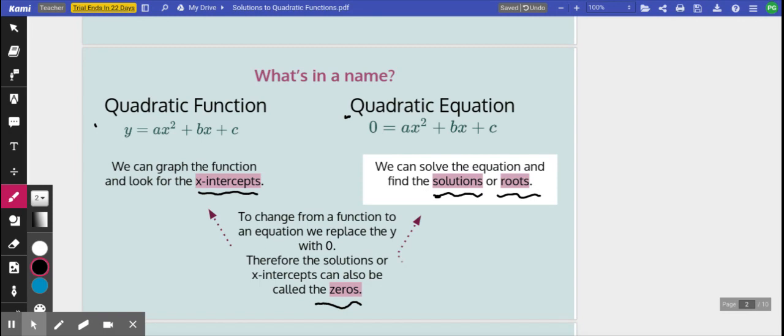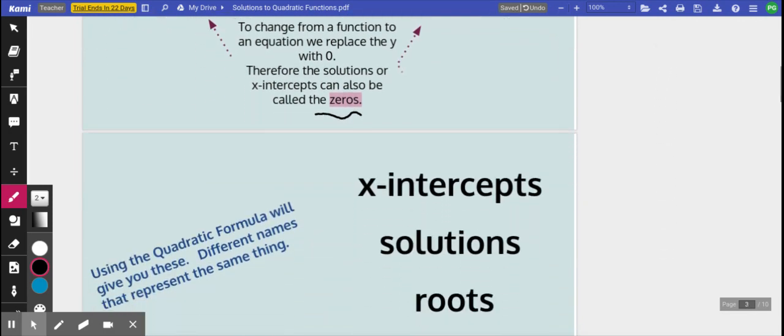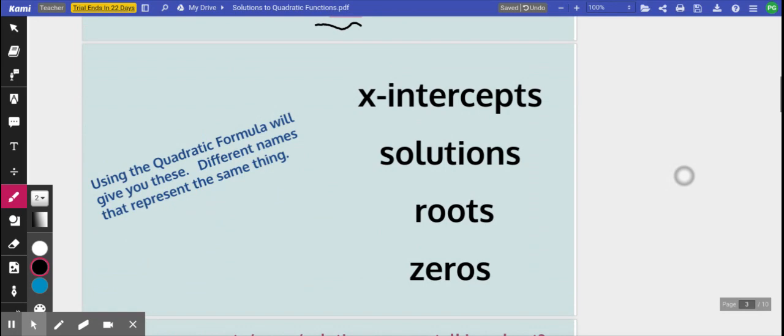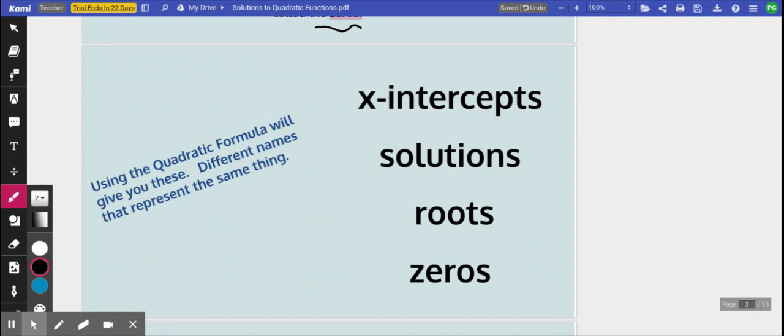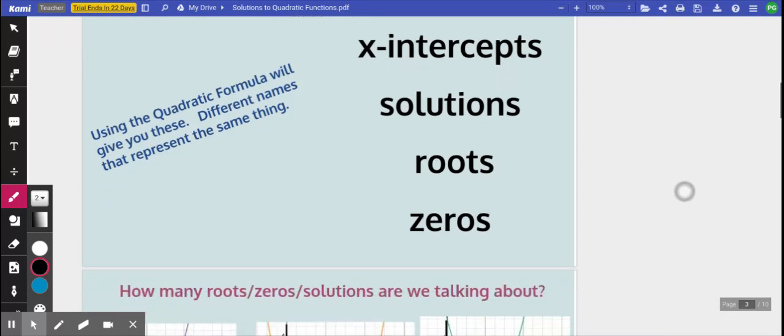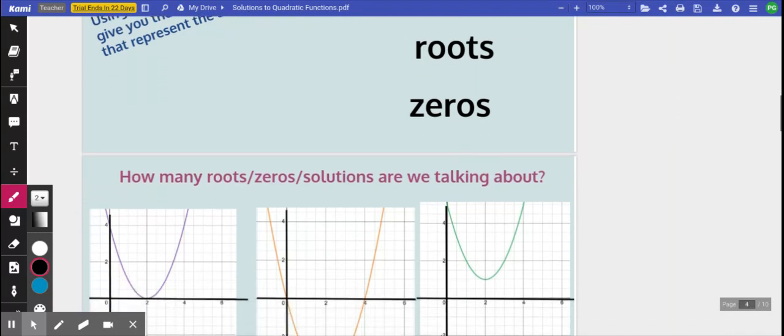And so that's how we come up with these four different names that represent the same thing: x-intercepts, solutions, roots, and zeros. The context might change, and that's why your words might change. X-intercepts with graphs, zeros with graphs, solutions or roots with equations.